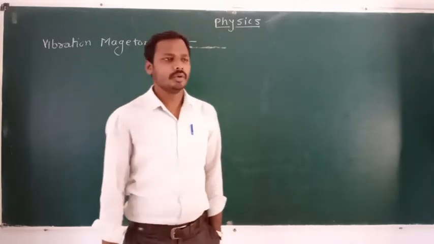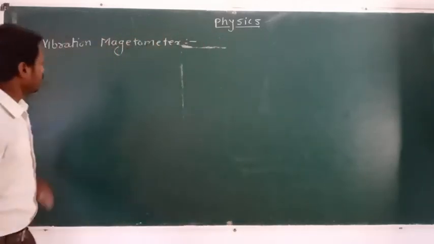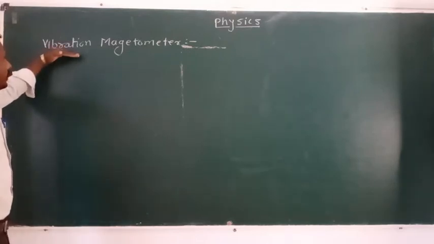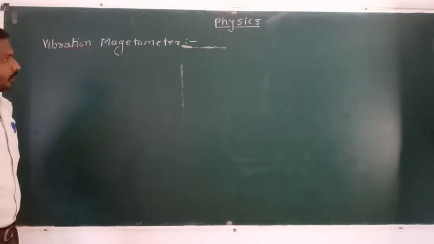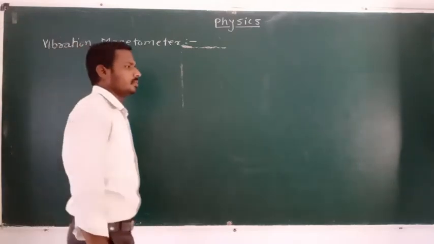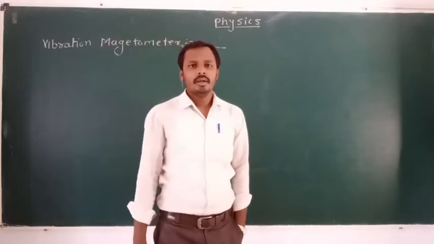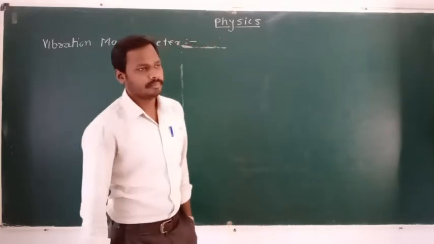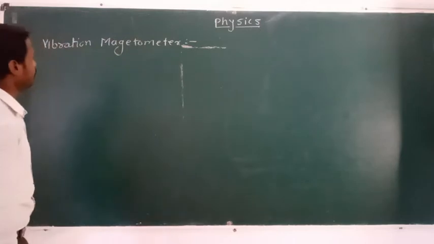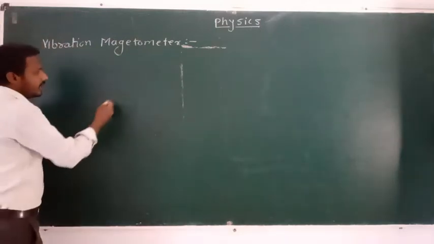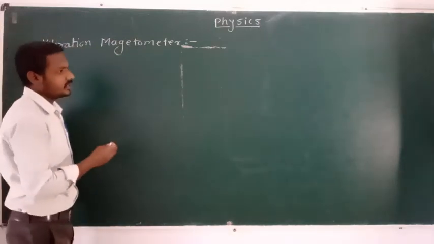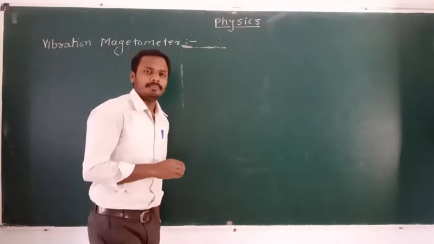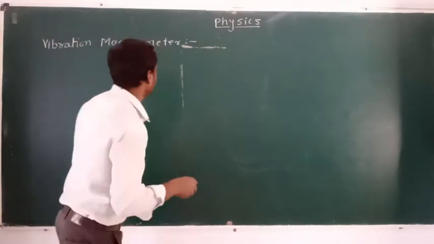Today we are going to discuss vibration magnetometer. First of all, we discuss some basic concepts regarding magnetometer. As you know, if any bar magnet is kept in a uniform magnetic field, it experiences torque.